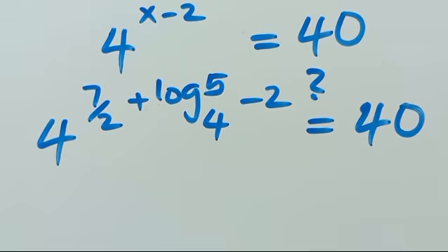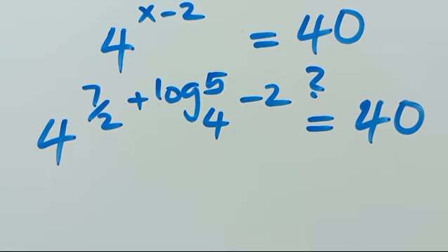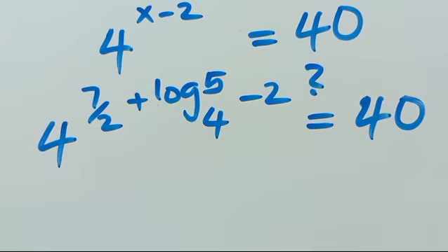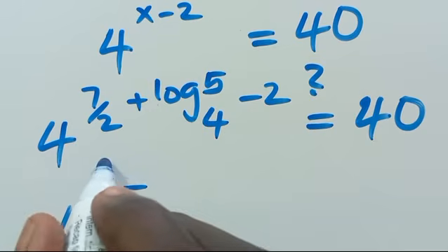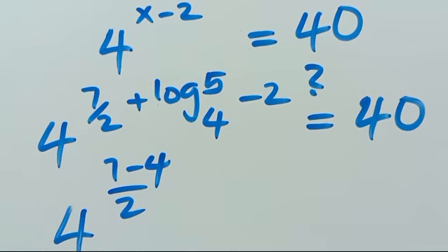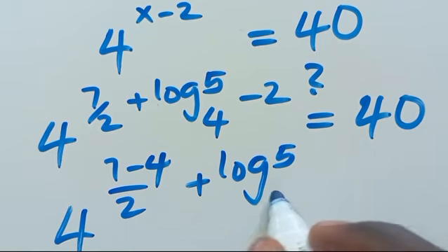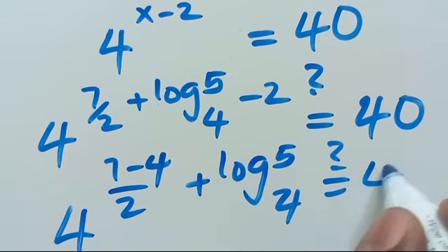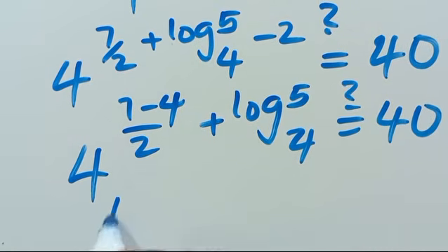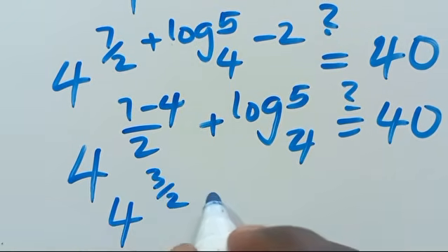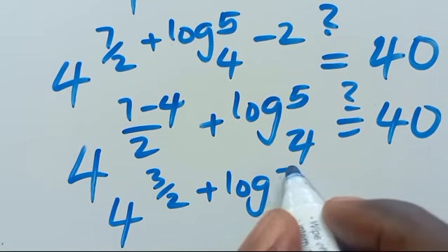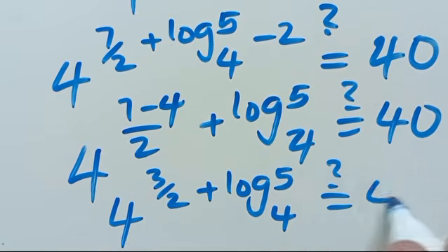When we multiply through by 2, let's find the LCM. Here will be 2, 7 minus 4, from here, plus log 5 in base 4. Then it's going to give us 40. Here will be 4 to the power of 3 over 2 plus log 5 in base 4. It's going to give us 40.